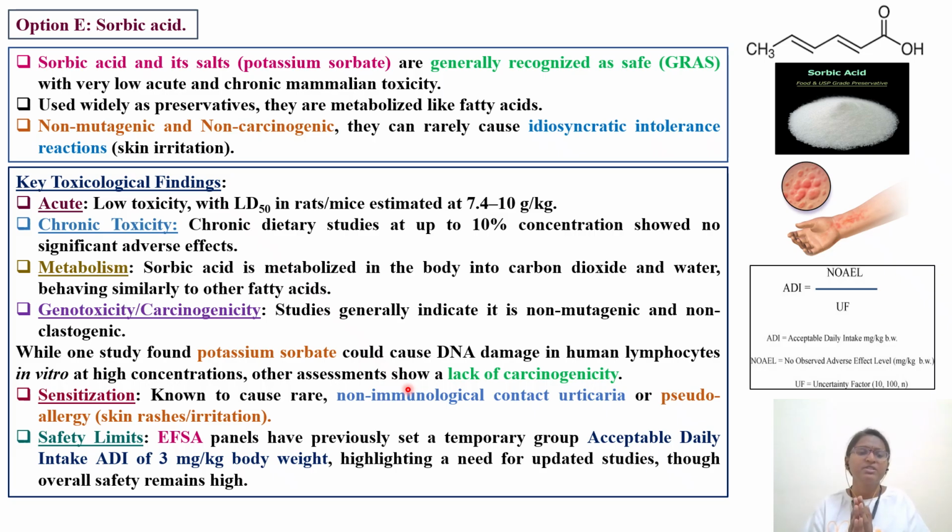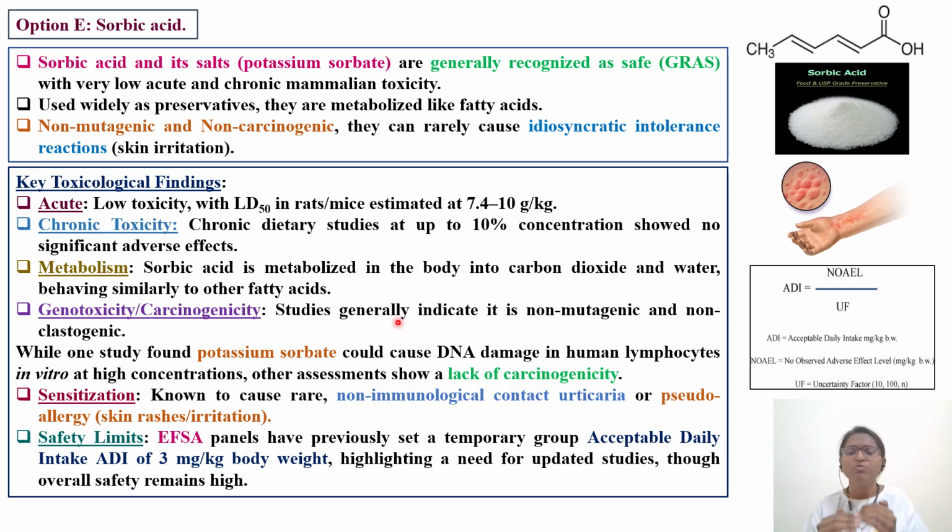Coming to safety limits, an important thing: EFSA has given sorbic acid an acceptable daily intake, which was temporary previously. Go back and check whether we have a current ADI for sorbic acid in 2026. Earlier it was 3 mg per kg body weight. The important thing to understand is that science is dynamic.